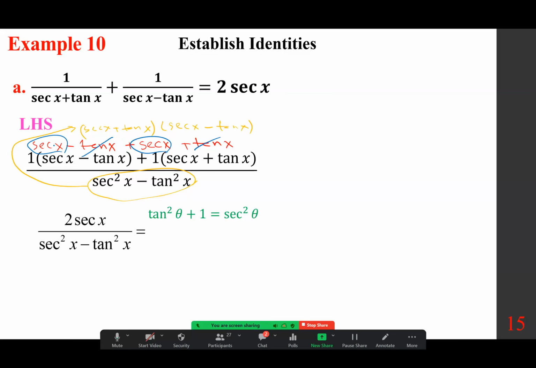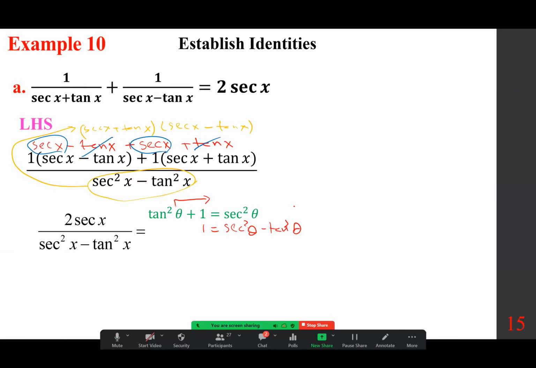Therefore, secant squared minus tan squared is simply 1.